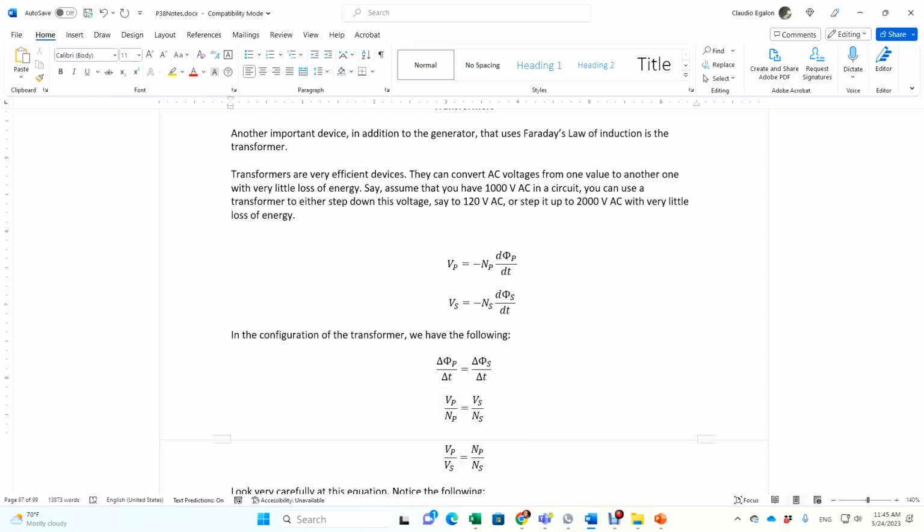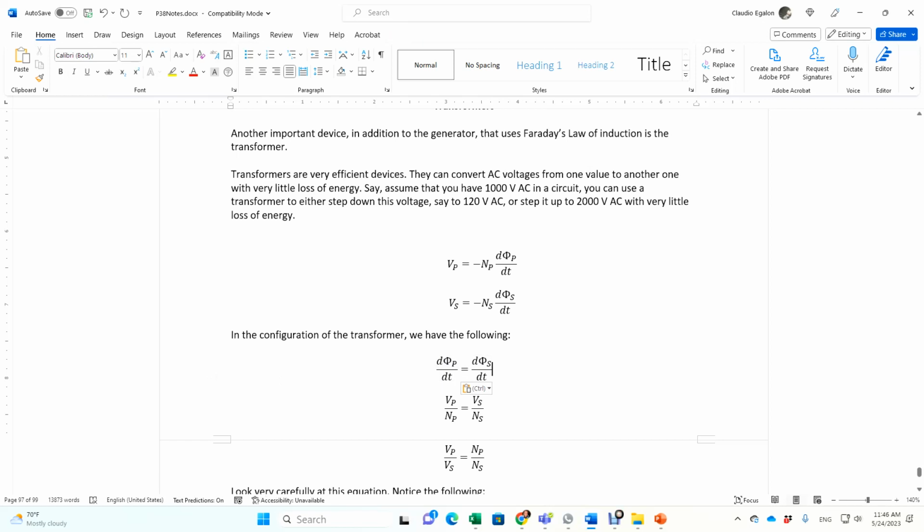But because the cross-sectional area of both coils are the same, this value that you see here is going to be equal to this other value here. The magnetic field inside the secondary coil is going to be equal to the magnetic field inside the primary coil. And also the cross-sectional area of the secondary coil is going to be equal to the cross-sectional area of the primary coil. That's why we can write this relationship here.